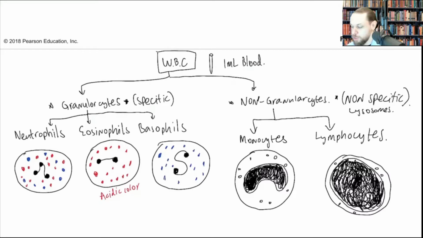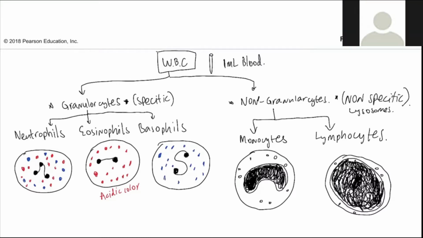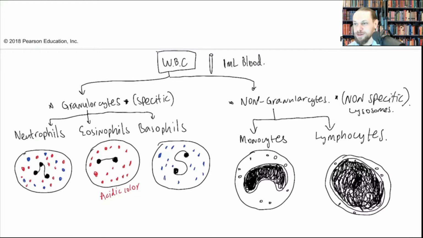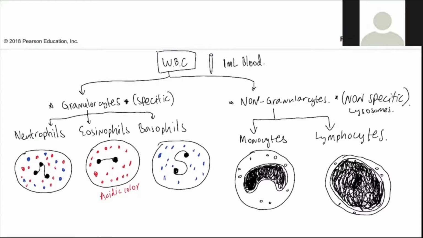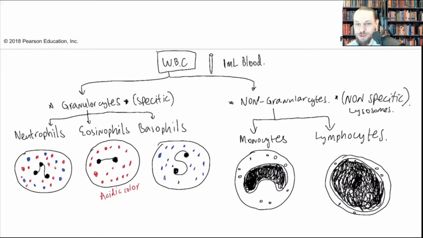Would anyone tell me how much white blood cells are found in 1 ml of blood for a normal person? Around 55,000. 55,000, I think that's a little too much. I think that person may be having an infection. 2,000? 2,000 is a little too low, right? They may also be having an infection.